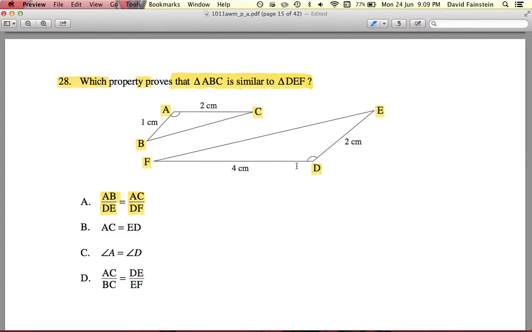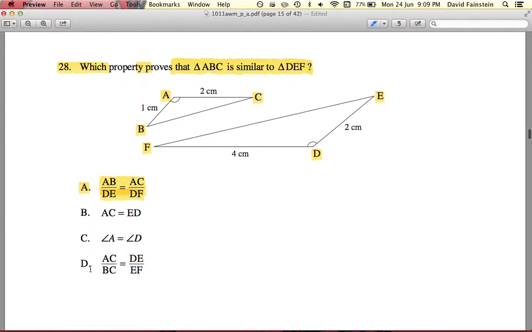And again, that looks like the middle length of the triangle. So AB over DE, 1 over 2, is equal to AC over DF, 2 over 4. Well, that's actually true, because 2 over 4 reduces down to 1 over 2. And again, we find that the answer we're looking for is A. How nice is that? You can check the other ones if you want, but to save time, I'll just tell you that it's A.